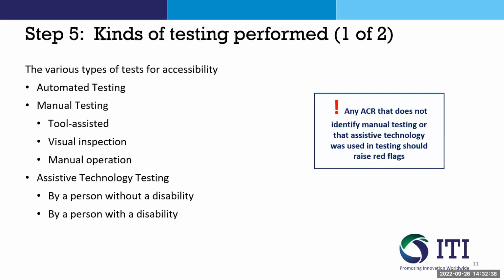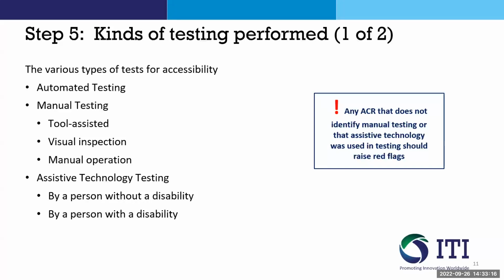Okay, there are various types of testing for accessibility. We have better and better and wonderful examples of automated testing, and they're good. There's a lot of good automated tests happening right now. You also should look for manual testing, whether it was tool assisted manual testing, whether there was a visual inspection, whether there was manual operational testing.